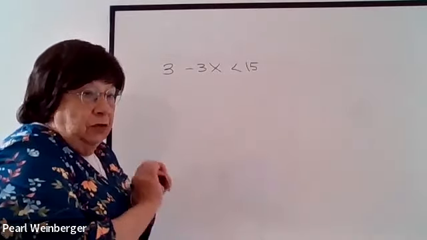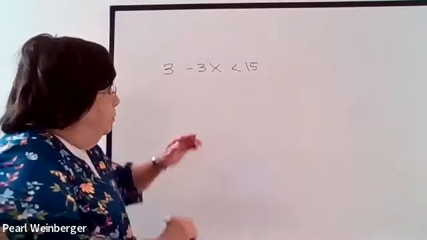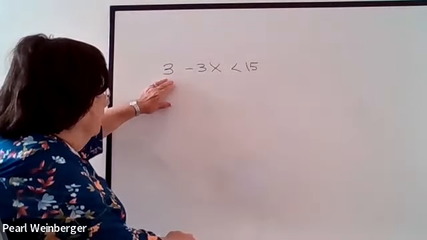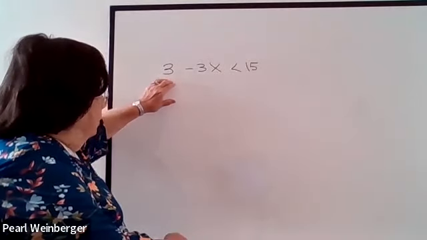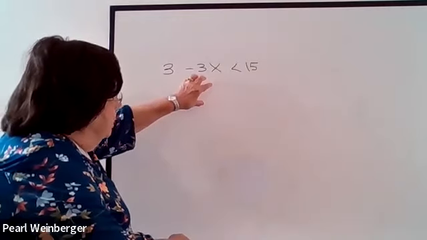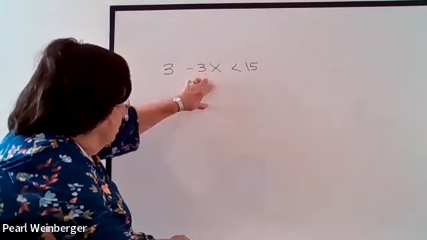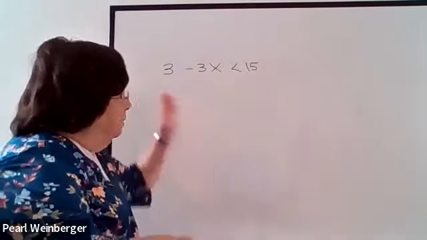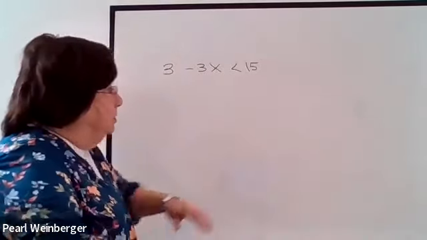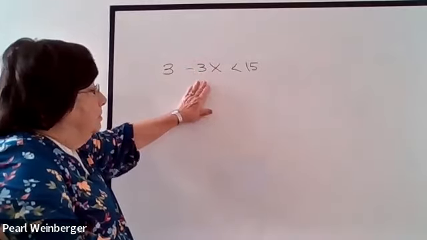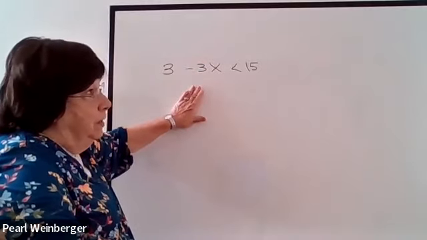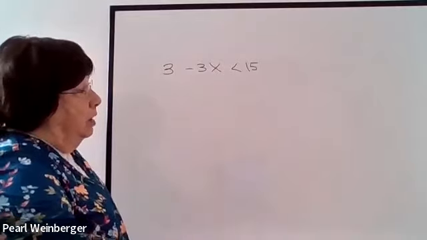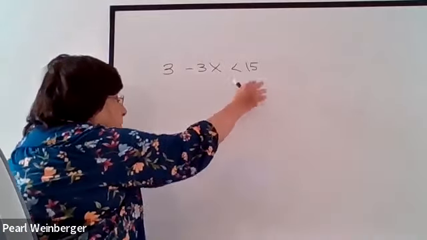You've got to give your answer as an inequality. And we solve it just like we solve the equation. But we always want to make sure that our x's get left on the left side. Even if it's inconvenient, even if all the x's start out on the right side, you want your x's in your final answer to be on the left side of the inequality and the plain number on the right side.